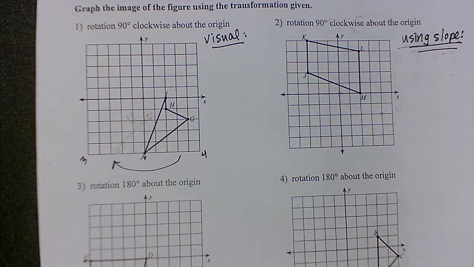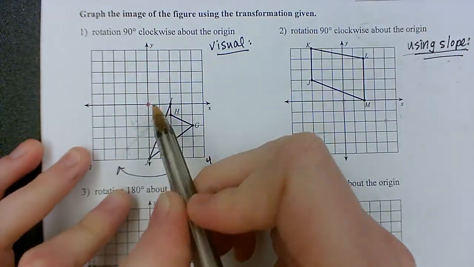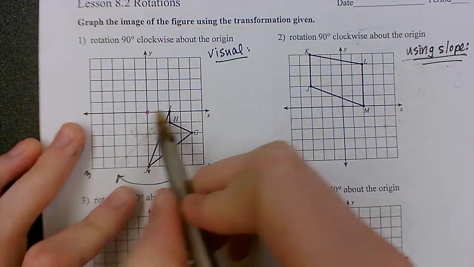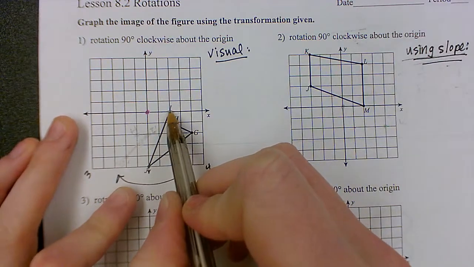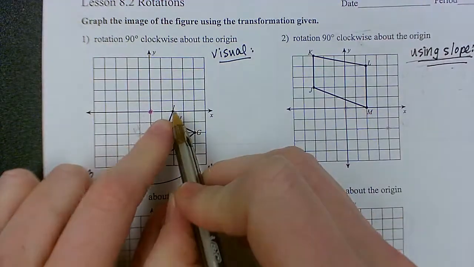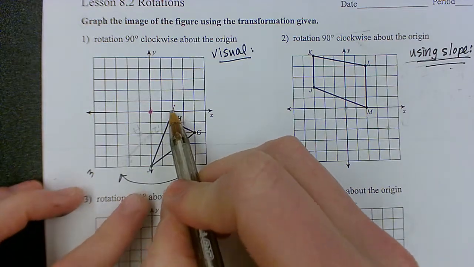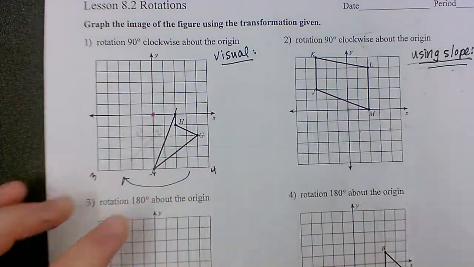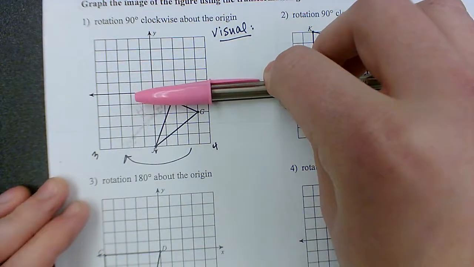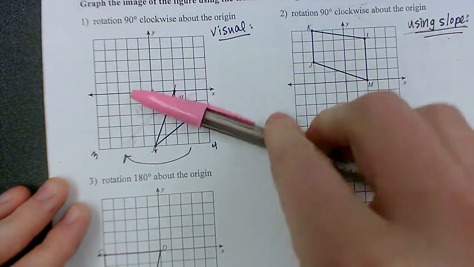Okay, so this method is really just counting from your point of rotation, so in this case the origin, just kind of taking the motion of how we count and then just rotating that 90 degrees. So if I think about this point on the x-axis, I went away from my origin 2 spaces to get to it, and if I were to rotate that x-axis 90 degrees clockwise, I would spin around that origin and get to the y-axis.